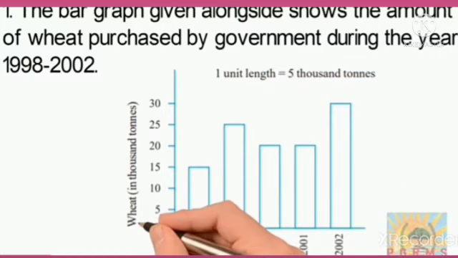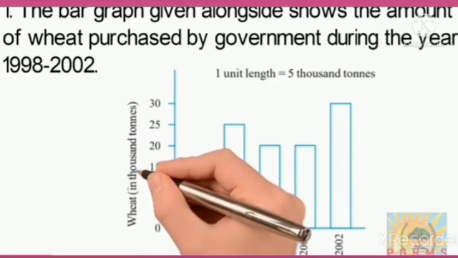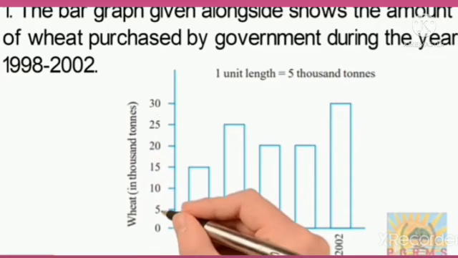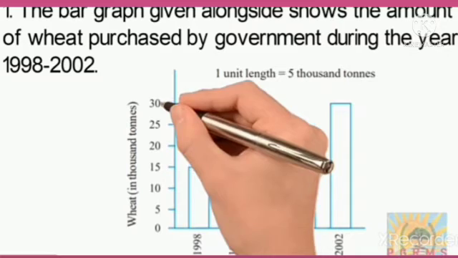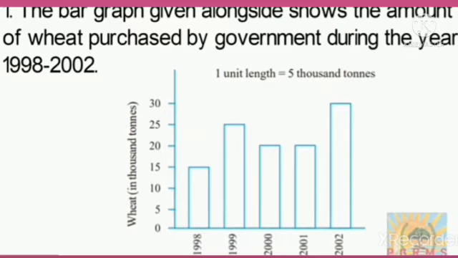So students, here wheat is given in 1000 tons, and in the vertical line the column is divided into 5, 10, 15, 20, 25, 30, and on the horizontal side we will write the years 1998, 1999, 2000, 2001 and 2002.